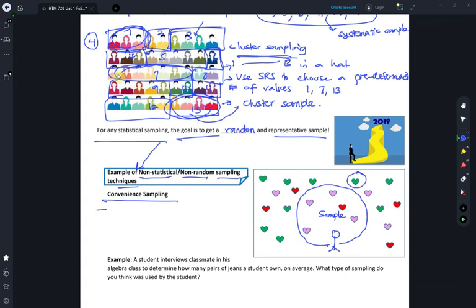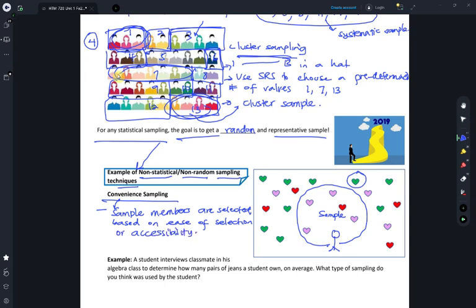So as it stands, in convenience sampling, sample members are selected based on ease of selection, or accessibility.